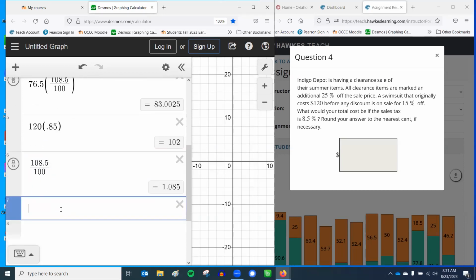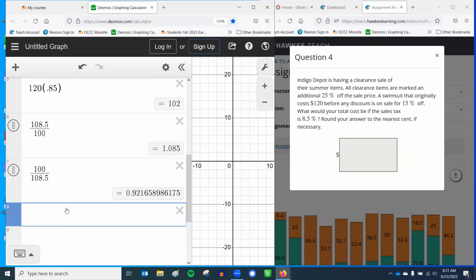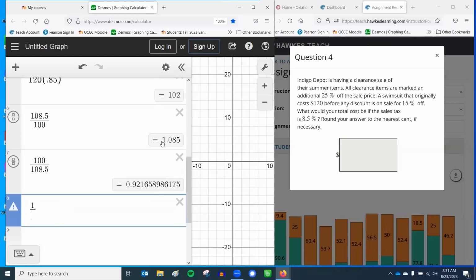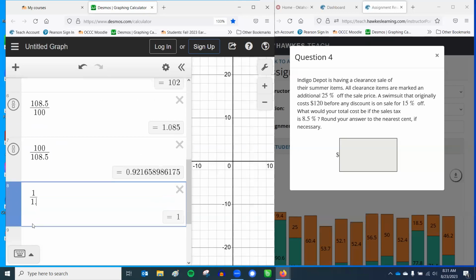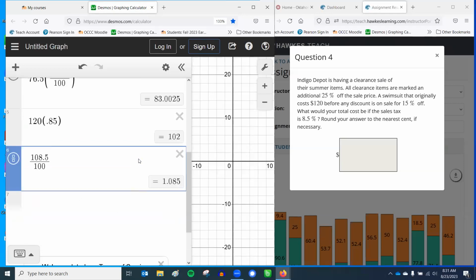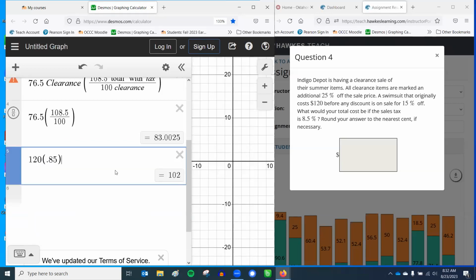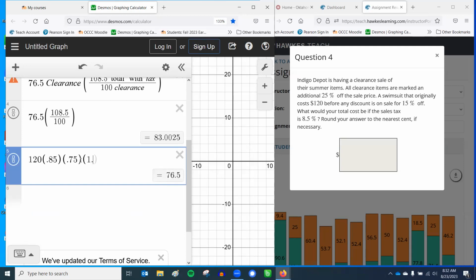By the way, 100 over 108.5 is the same as 1 over the reciprocal, 1.085. Get the same number. Don't worry about this. These are just a few arithmetic tricks you can pick up along the way. 0.75 times 1.085, and you get the same answer that way.